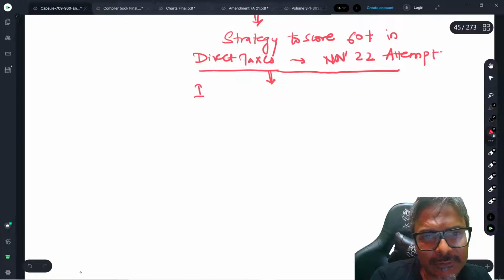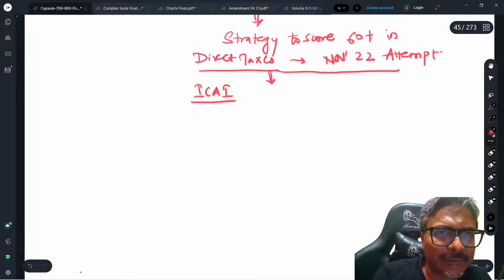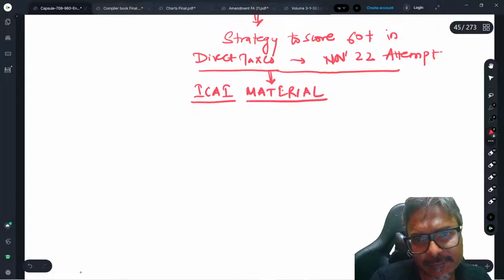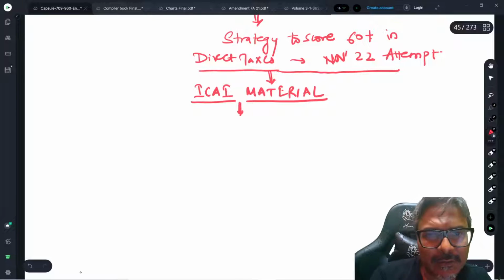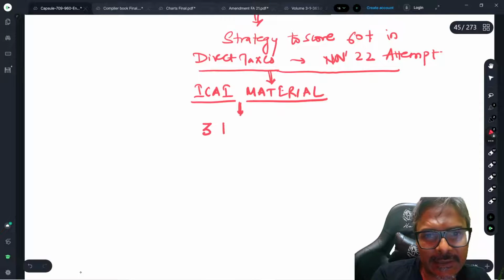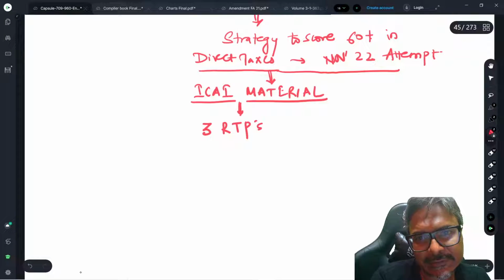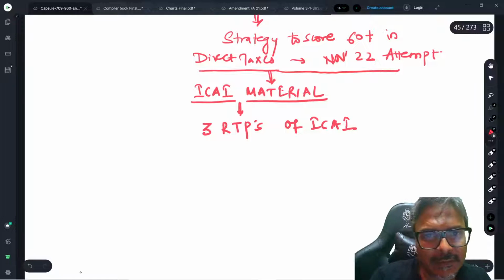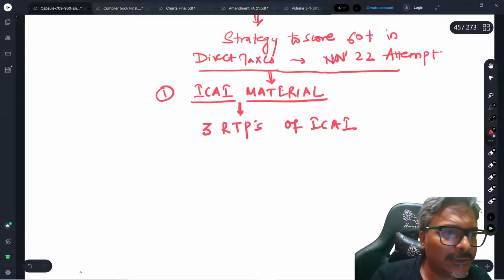ICI students, material, ICI material to be referred in this context. You will refer, students, 3 RTPs of the ICI. First and foremost is the 3 RTP.